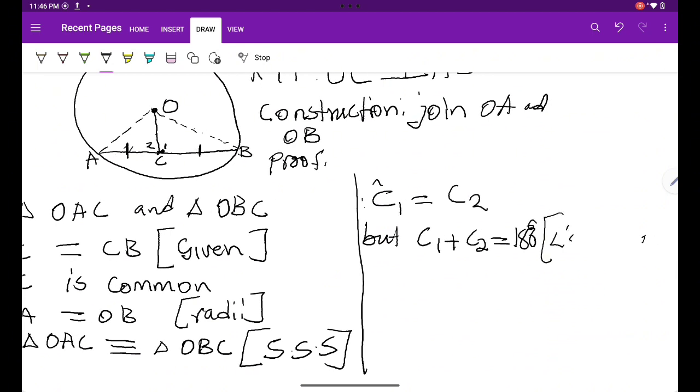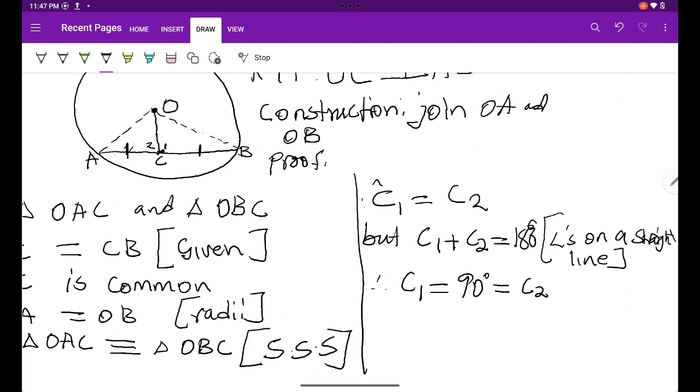These are angles on a straight line. So we come to this conclusion that C1 and C2 are equal, and when we add them we get 180. It means each one of them must be 90 because they're equal. Therefore we can conclude that C1 is 90 degrees, and C2 is also 90 degrees, because they are equal and when we add them we get 180.